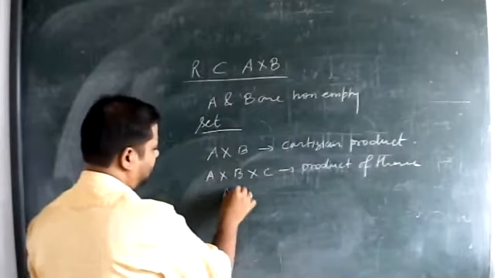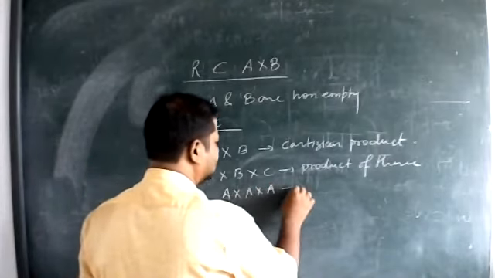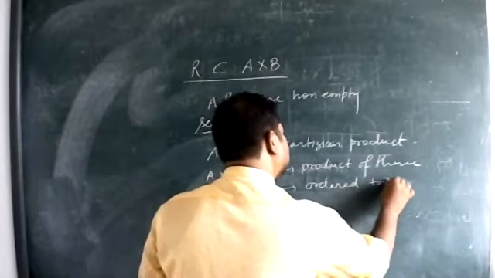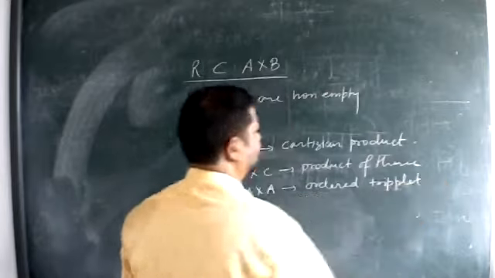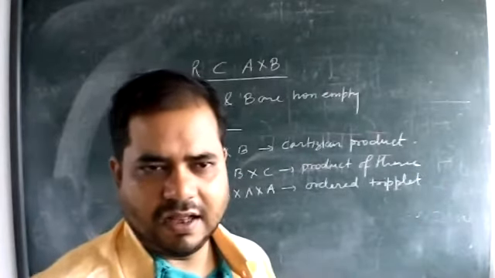If it is A cross A cross A, then it is known as an ordered triplet. Clear?